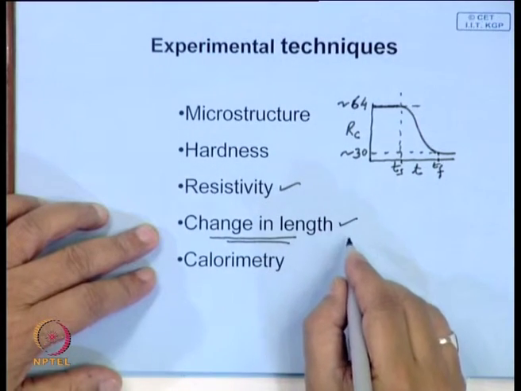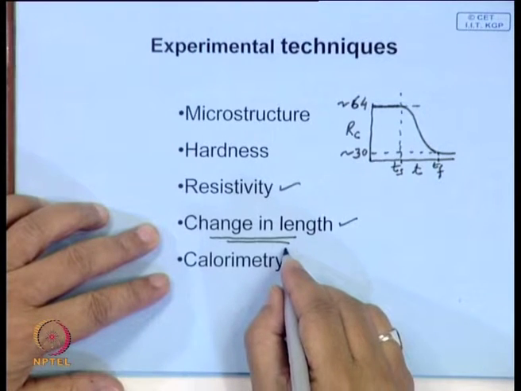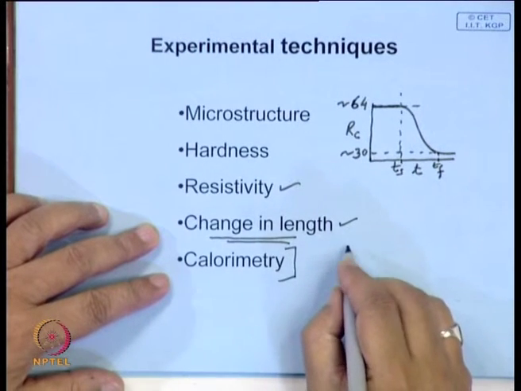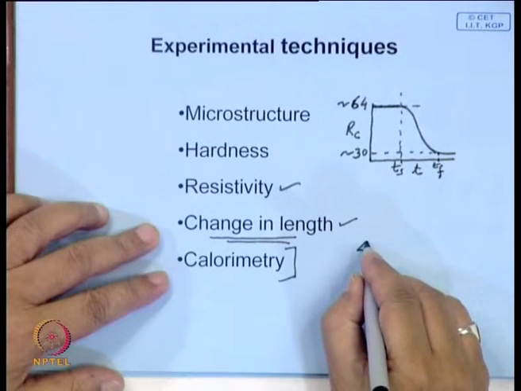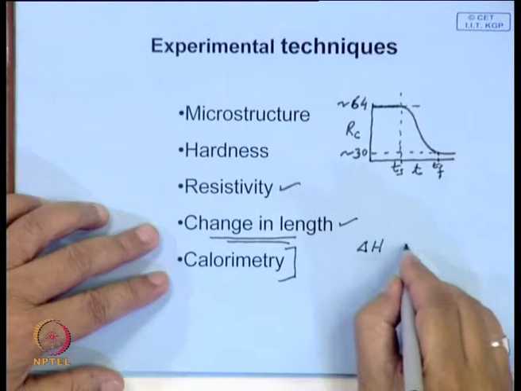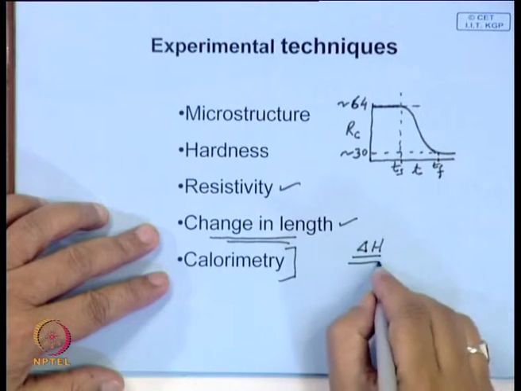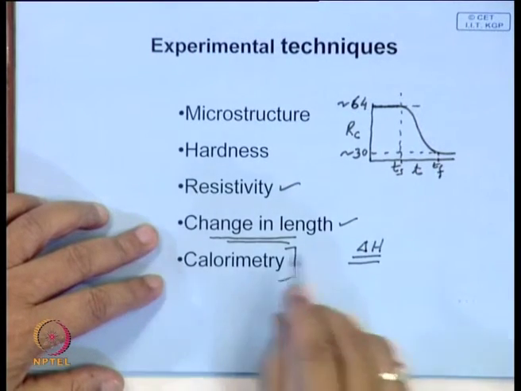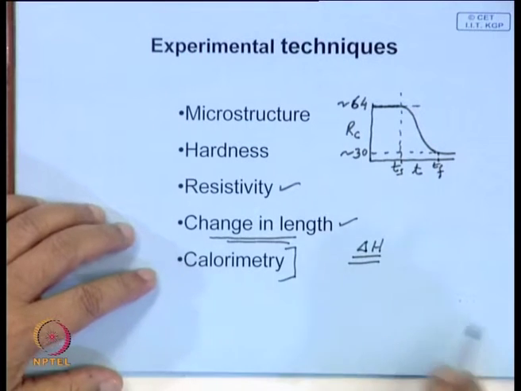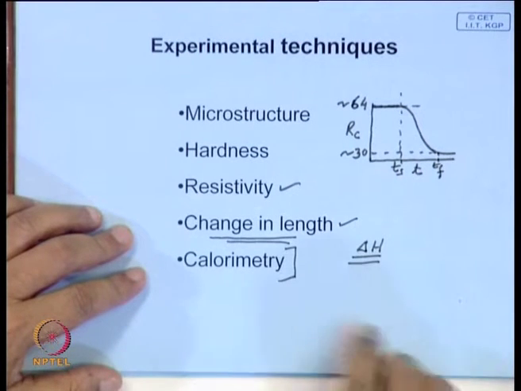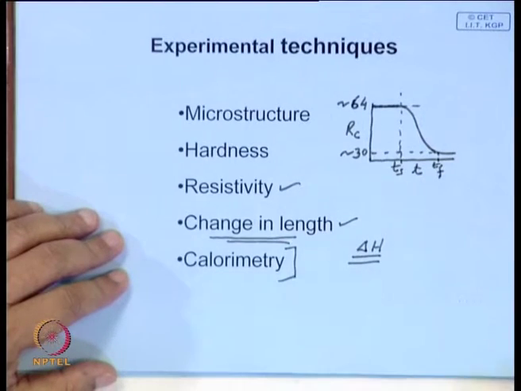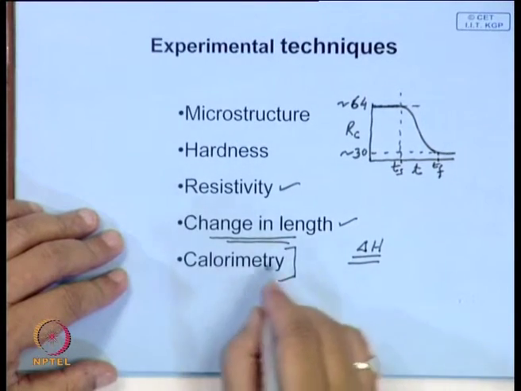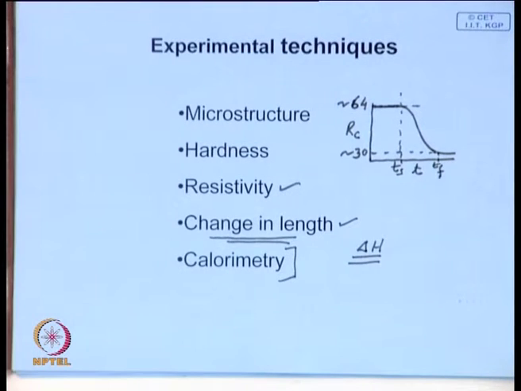So, this also can be used, and we all know when we talk about transformation, there is always some energy change, some enthalpy, that is heat, either an exothermic or an endothermic process. So, if you can measure by some calorimetric study, differential scanning calorimetry or thermal analysis can also be used to follow the transformation kinetics.